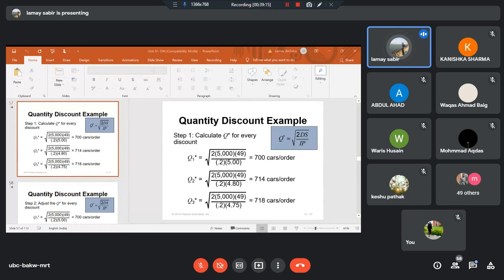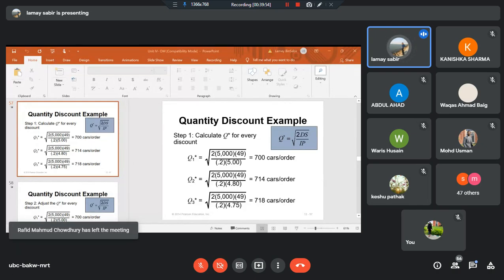It is given in the question that the holding cost is 2% of the price. आप नोट कर लीजिए कि annual demand is 5,000, ordering cost is $49, and the holding cost is 2% of the unit price. So for Q1, we have 2 into capital D 5,000 into 49, whole divided by 0.2, that is 2% multiplied with 5. The first comes out to be 700 cars per order.